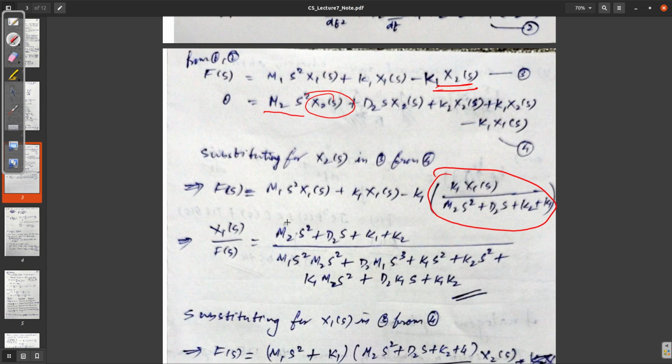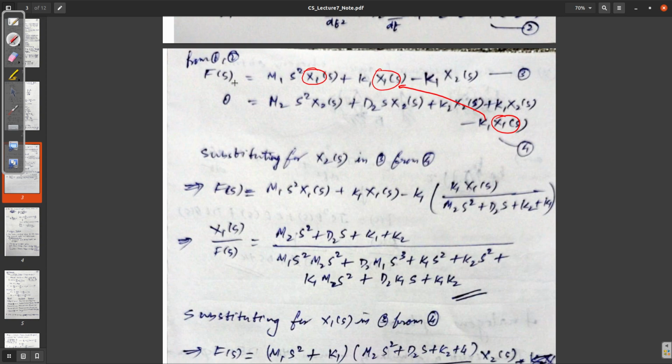Okay, here instead of this x2 we have substituted whatever we have got here, that is this one. From there we have grouped the coefficients for x1 and we have cross multiplied with F(s), then we are getting the final transfer function. We have done the same thing for x2 also, that is we have from this equation found the value for x1 equal to some function of x2, and we have substituted it for both of these x1s.